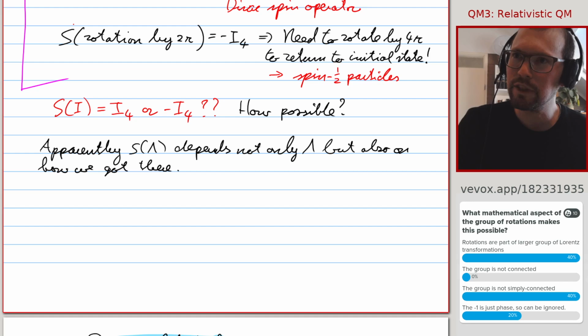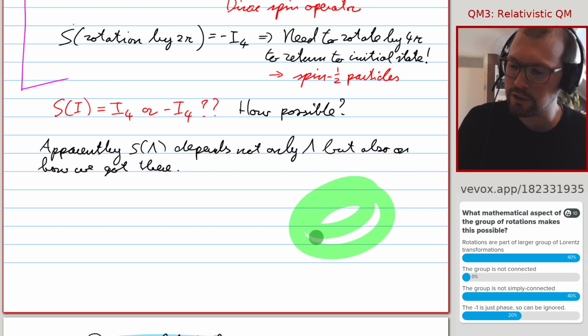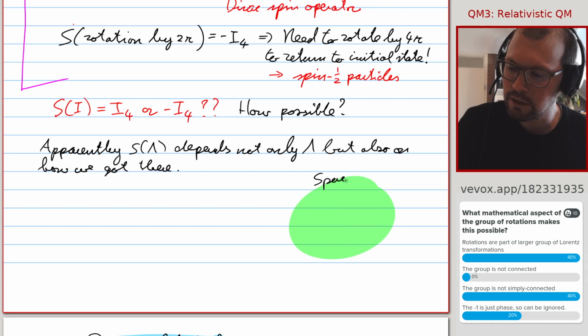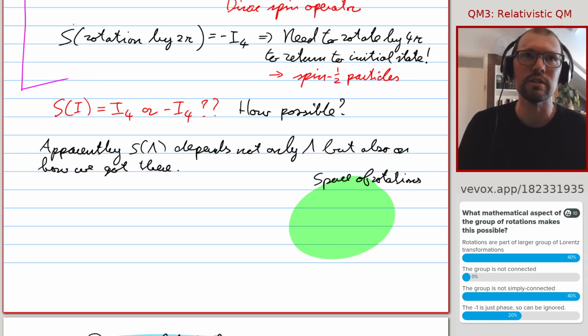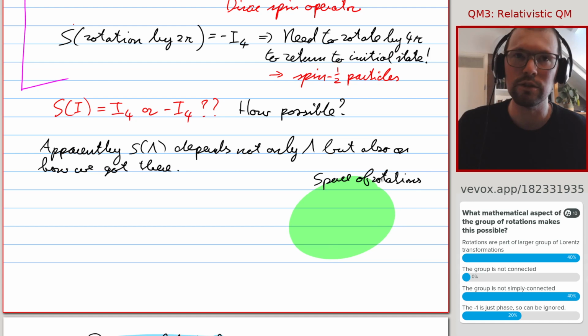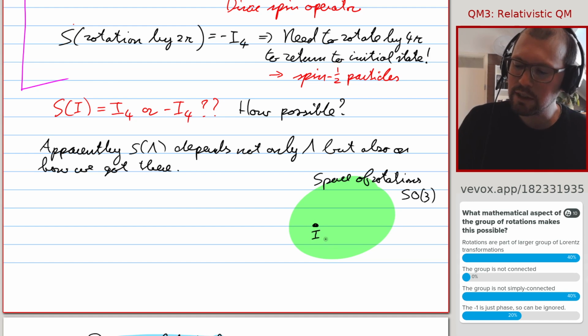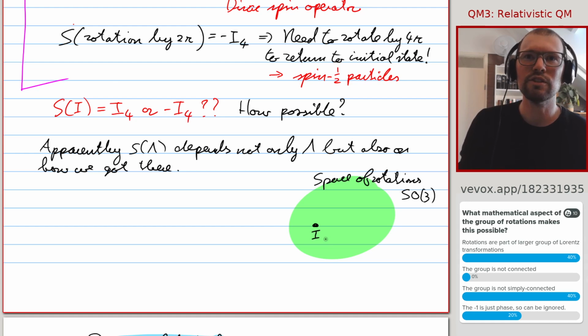So what we can think of is that we look at the space of rotations. So suppose this is the space of all rotations. Or if you like Lorentz transformations, it does not matter, but let's just think of the rotations for now. So in mathematical terms, that is called SO(3), or the orthogonal matrices that do these rotations. We have somewhere the identity rotation in this space.